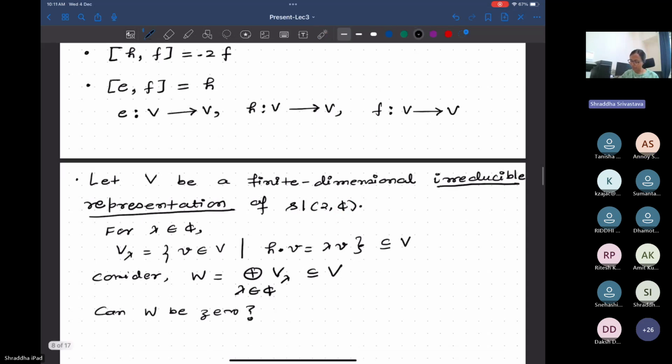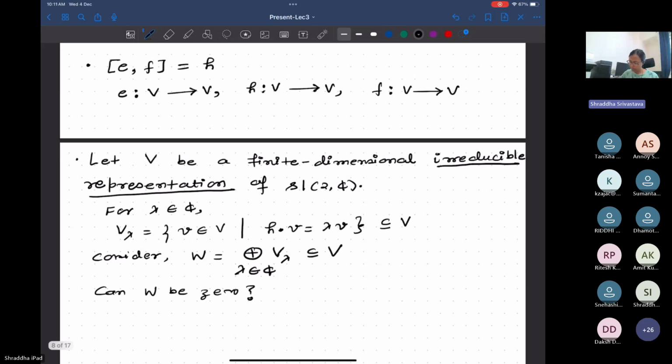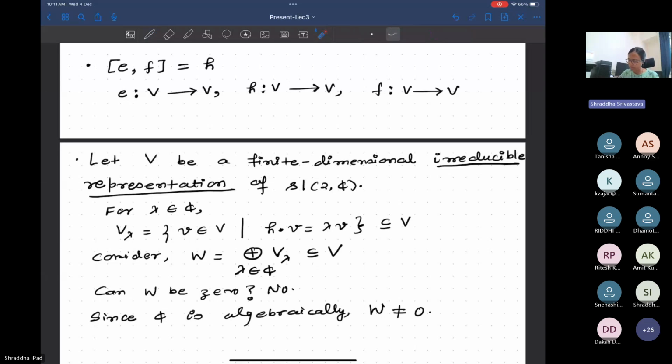Since C is algebraically closed, the answer to this is no. So at least one of them is non-zero. I'm just not going to write which one; I'm going to write directly that W is non-zero. Fine. So now we have a non-zero subspace. I'm not saying sub-representation. I'm saying just a subspace of this given irreducible representation V.